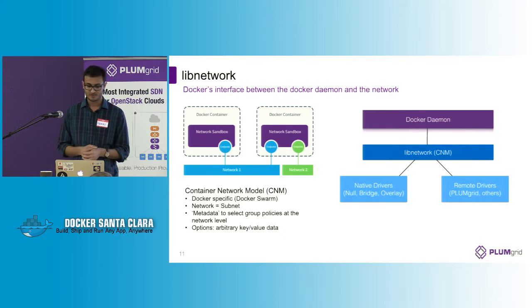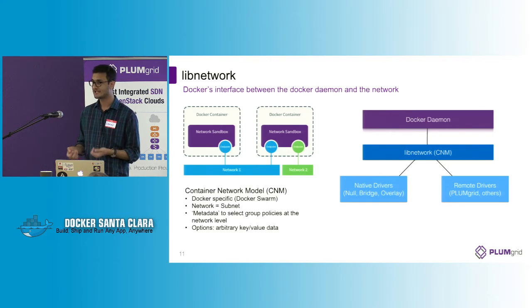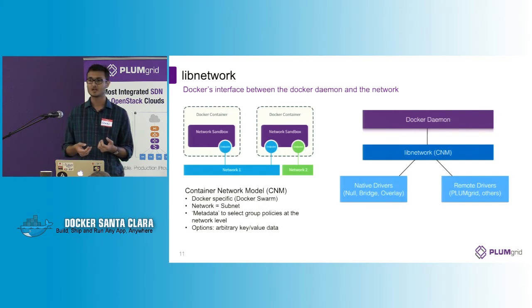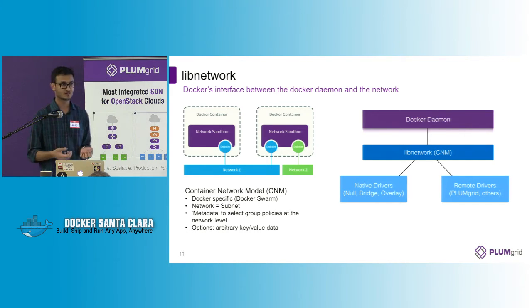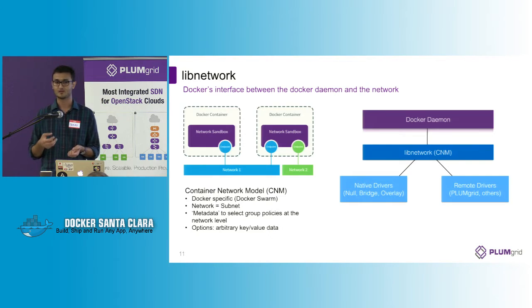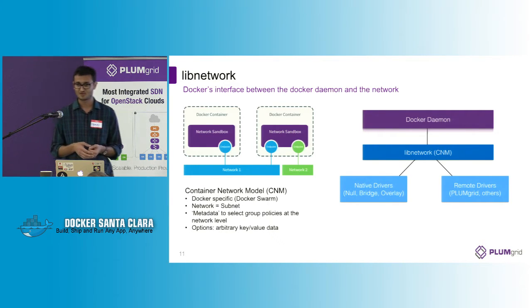So to improve all of that, libnetwork, a library which is the reference implementation of CNM, was introduced. The way CNM works is that it has three resources. It has this notion of a network sandbox. Network sandbox is like the networking stack of a particular container, in this case, a Docker container. Then it has the notion of an endpoint.